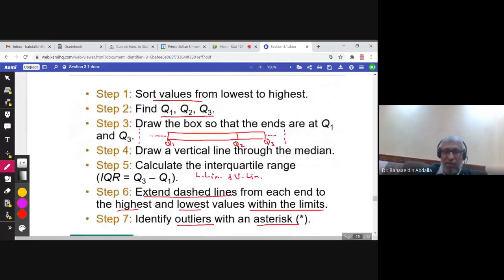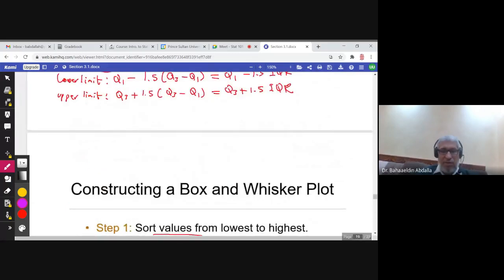Let me say left skewed. The distribution would be left skewed if the median is to the right, not in the middle, and the left whisker is longer than the right whisker.